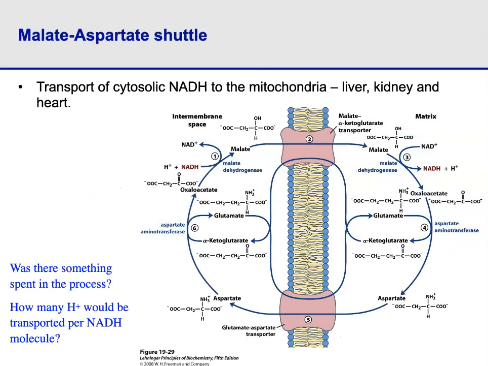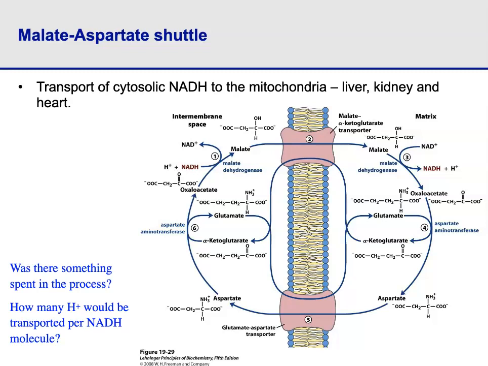Now, so far I've shown you how NADH offloads electrons, but that NADH is in the matrix. But NADH from the cytosol cannot simply get to complex 1. There's actually no easy way for it to go through the membranes, especially the inner mitochondrial membrane.